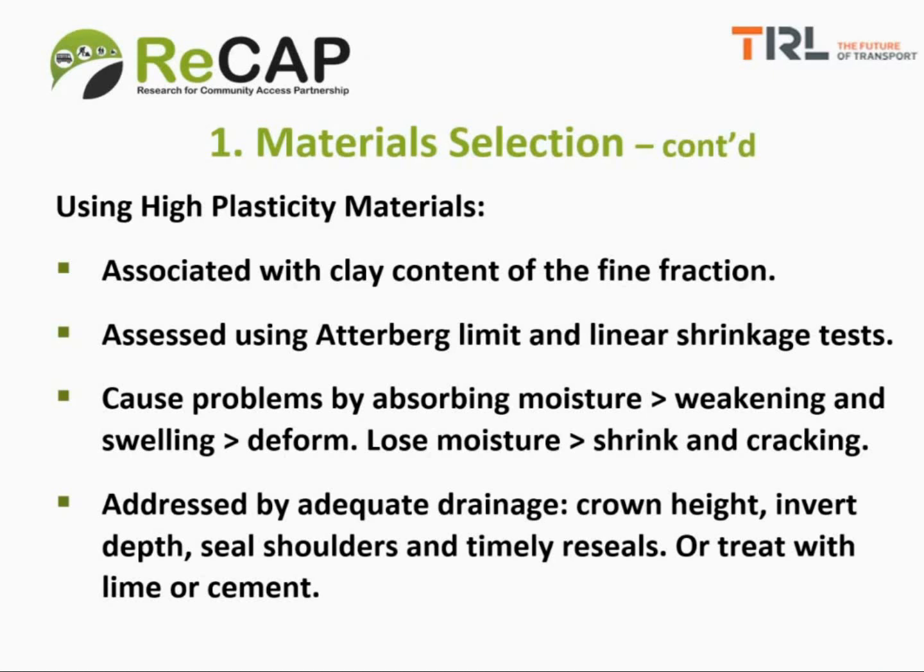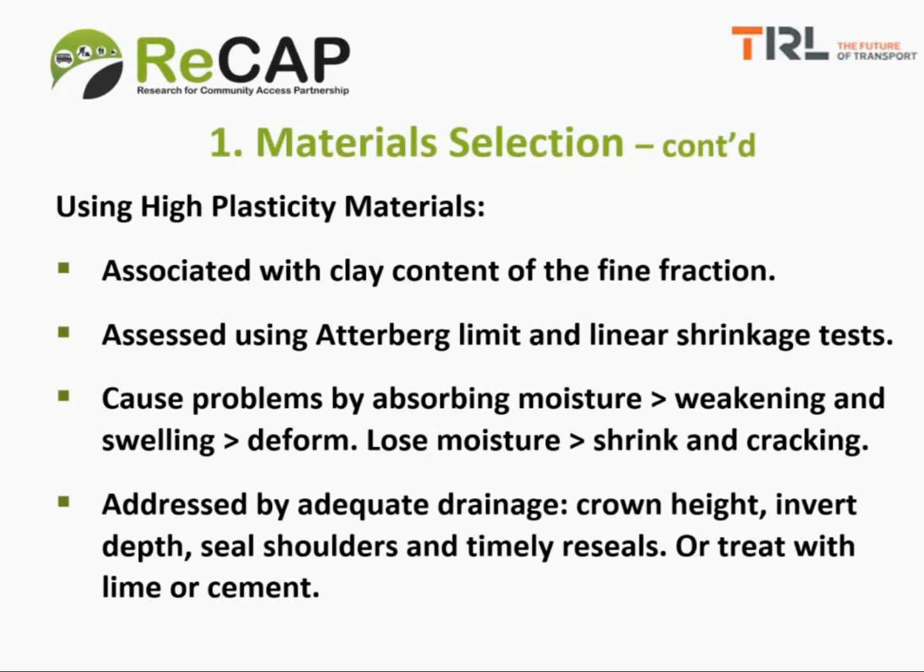Now, the problems which high plasticity materials can present is high absorption of moisture. And with the high absorption comes weakening of the material and swelling, which causes deformations on the pavement. Now, when these materials lose the moisture, they shrink and crack, and the cracking allows more moisture into the pavement.